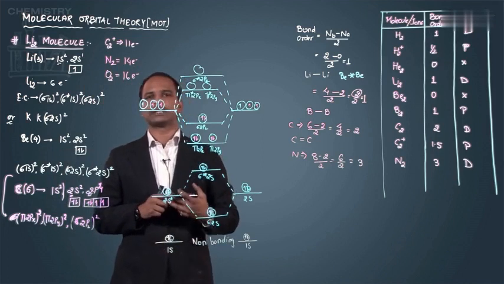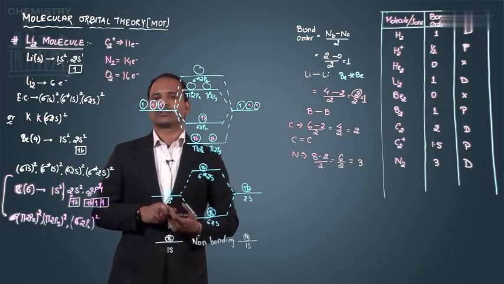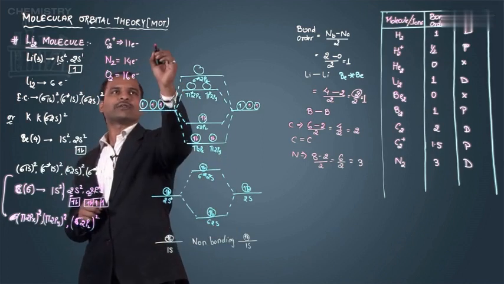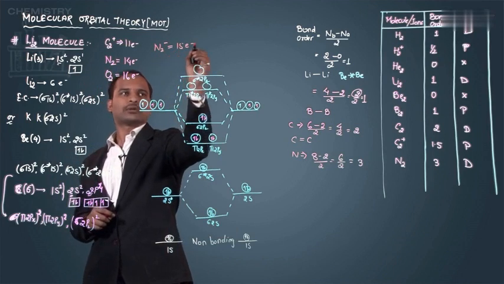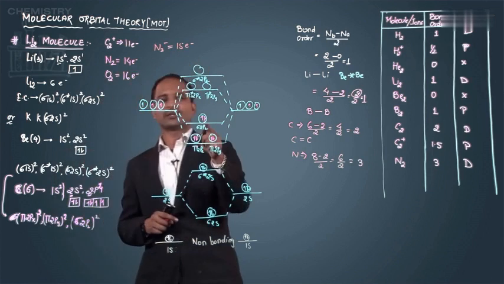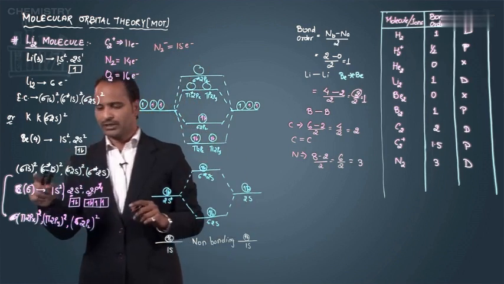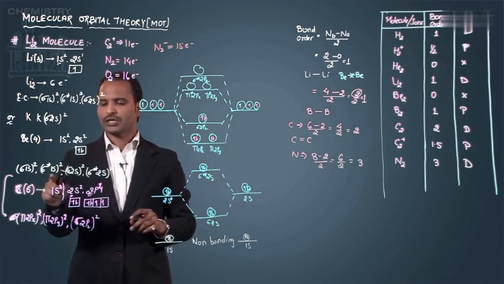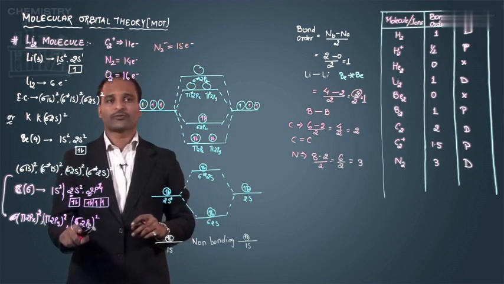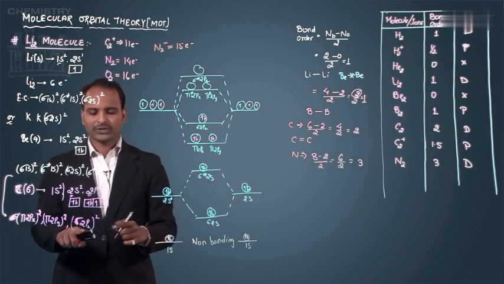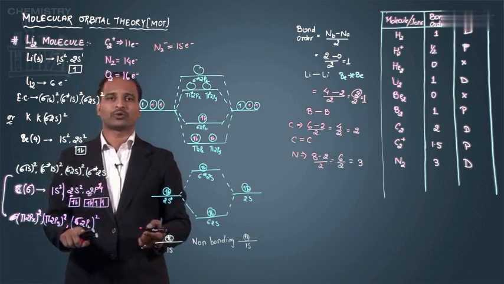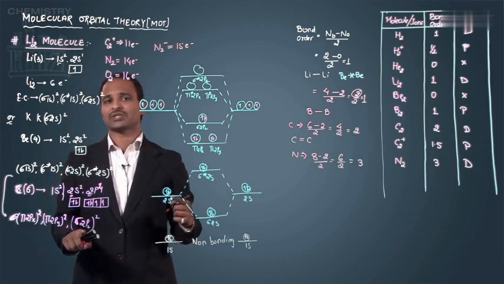What will be the bond order, or whether it is going to be paramagnetic or diamagnetic if it is N2 minus? N2 minus means it will have 15 electrons overall. Still here we have 14, and if it is 15, then the configuration changes: 1s2, star 1s2, sigma 2s2. Here it is 14, one more electron is there. That one more electron will shift to after sigma 2pz, which comes pi 2px and pi 2py, pi star 2px and pi star 2py.